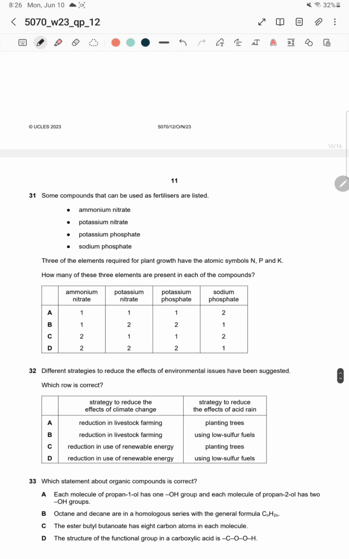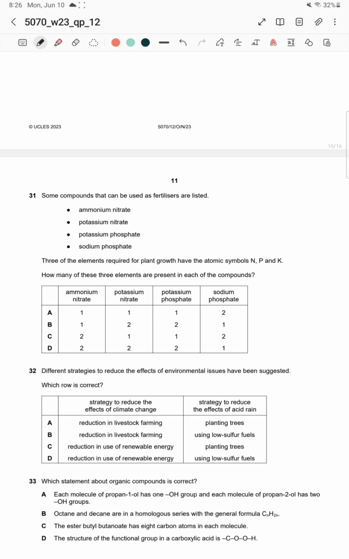Some compounds that can be used as fertilizer are listed. Three of the elements required for plant growth have the atomic symbols N, P, K. How many of these three elements are present in each of the following compounds? That's a very simple question.